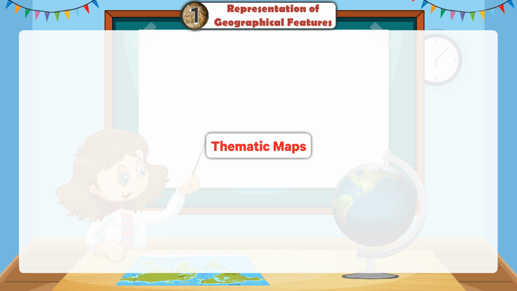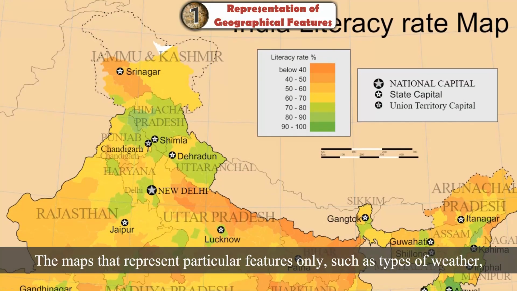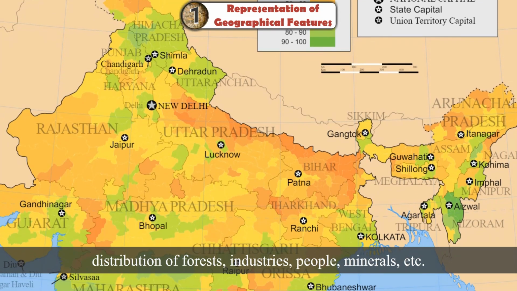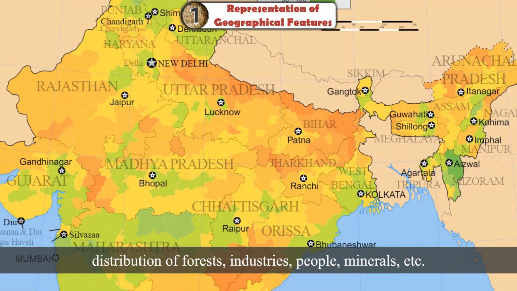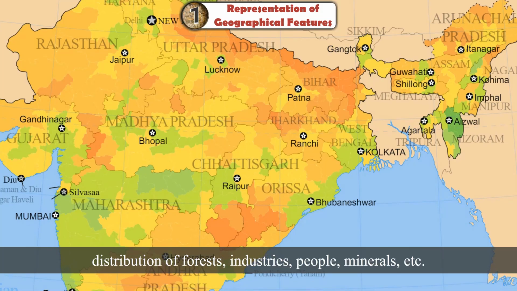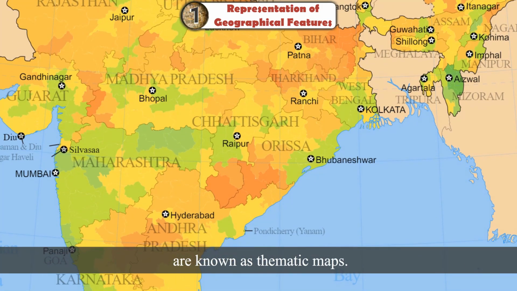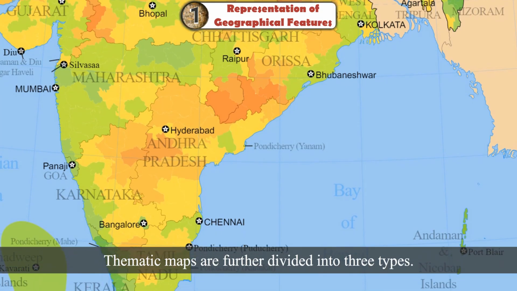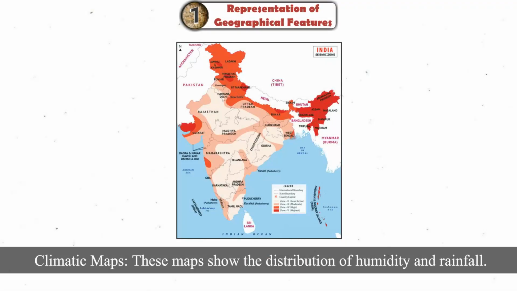Thematic maps. The maps that represent particular features only, such as types of weather, distribution of forests, industries, people, minerals, etc., are known as thematic maps. Thematic maps are further divided into three types. Climatic maps.